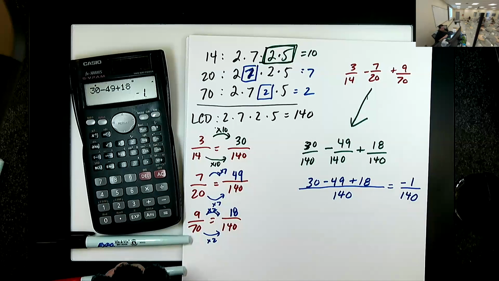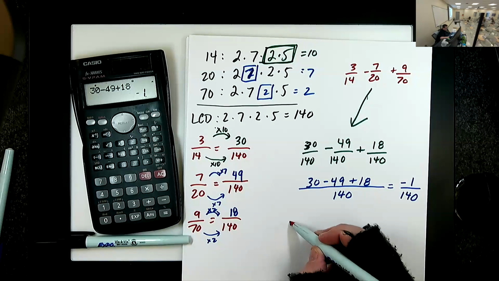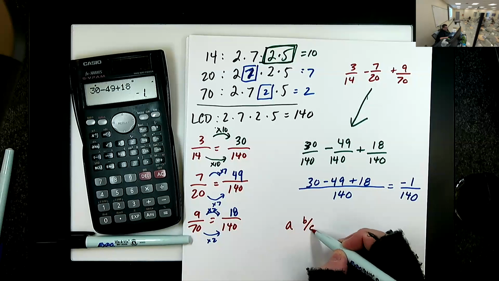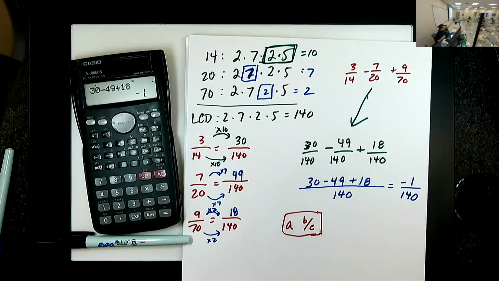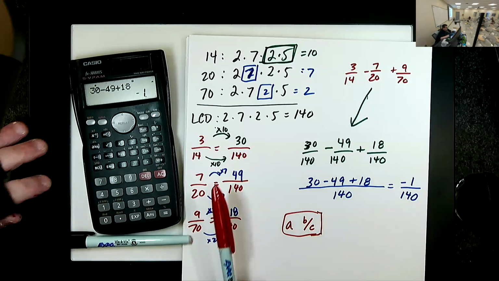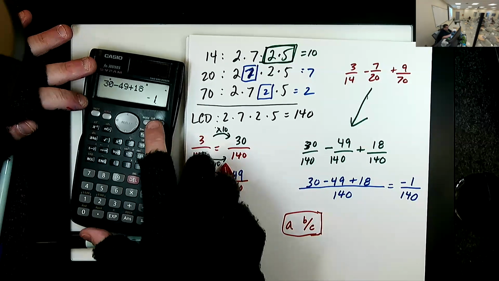The equivalent of doing this on my calculator and leaving it in the initial stuff we started with: my key is the A and then it says B over C. That's my fraction key. I'm going to do that same operation here with that key. I'll clear it all out.